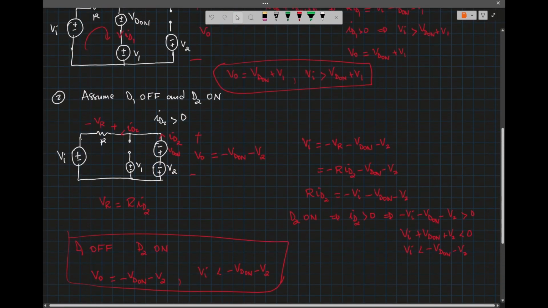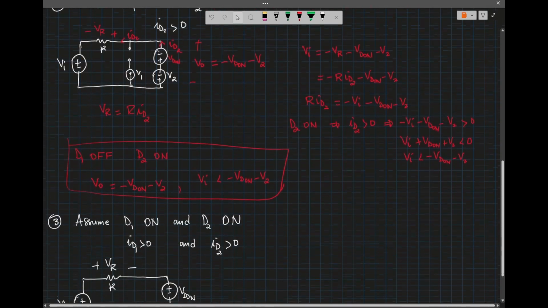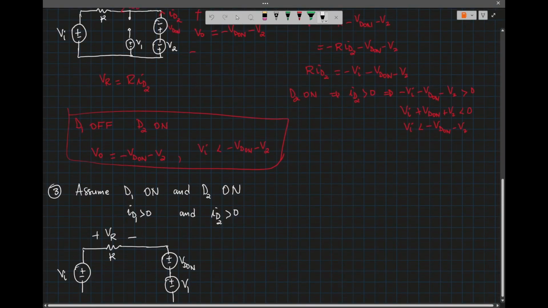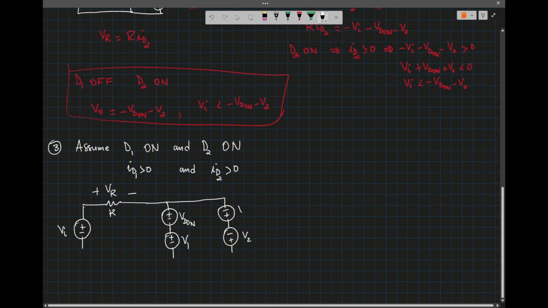Make sure I draw it correctly. For the second one, diode D2 is like this, and the bias voltage V2, with the polarity that's given to us, and VD on.